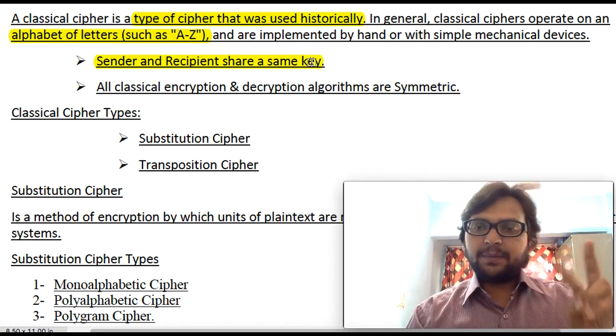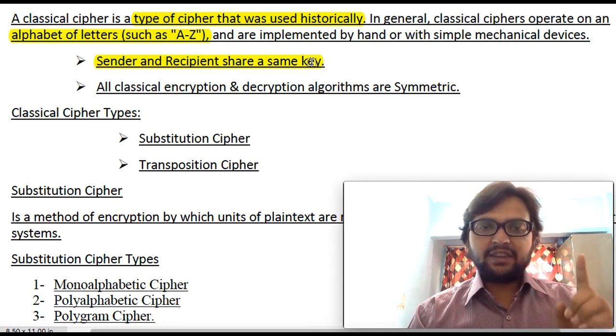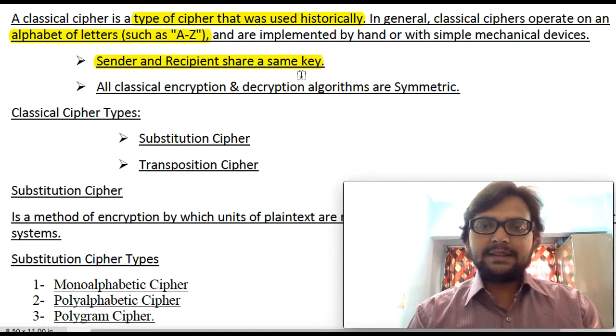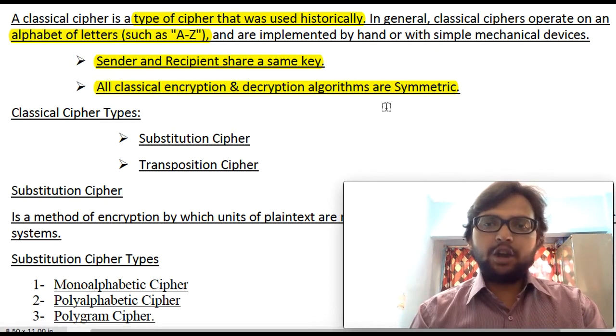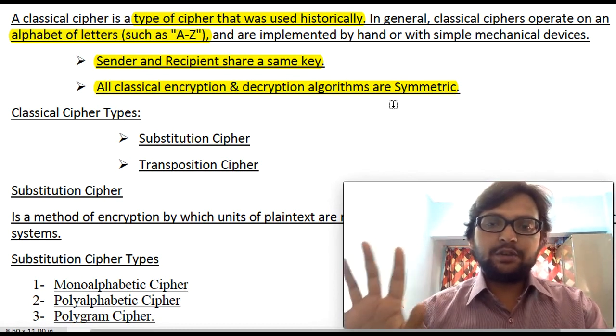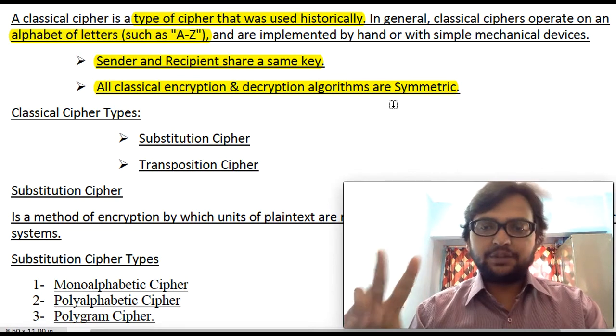So the public key, private key concept is in asymmetric, and only one simple key we use in symmetric pattern. As you can see, sender and receiver share the same key. So which type of cryptographic pattern is this? Symmetric pattern. Classical encryption and decryption algorithms are all symmetric. Basically, they were using symmetric pattern only. The same key was used for encryption as well as for decryption.